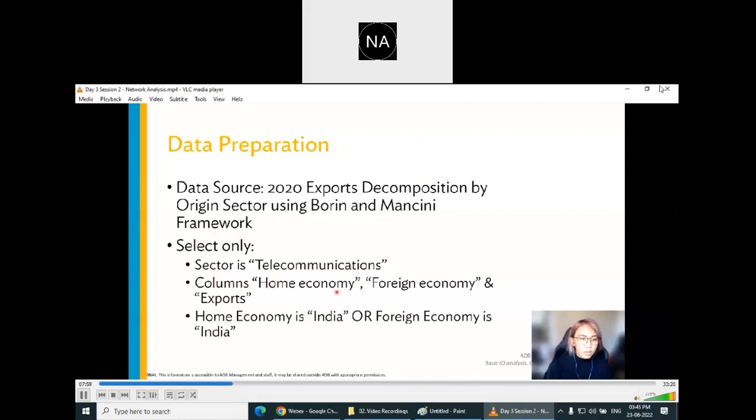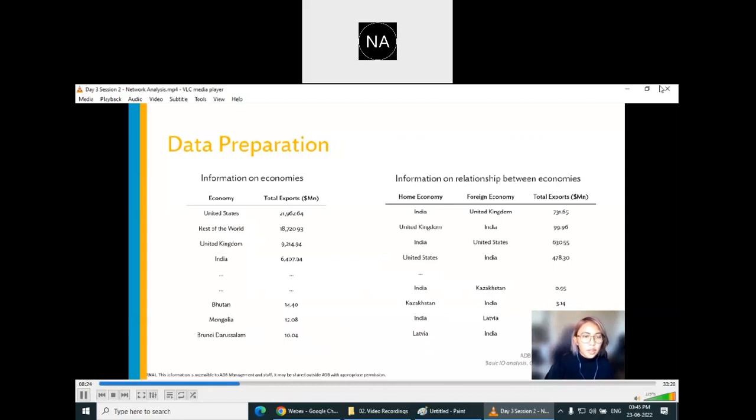In the data set, you're only going to select the sector, which is telecommunications, and only the fields home economy, foreign economy, and exports. And since we're interested in India's trade network, we're only selecting economies that are directly trading with India. So that is, home economy is India, or foreign economy is India.